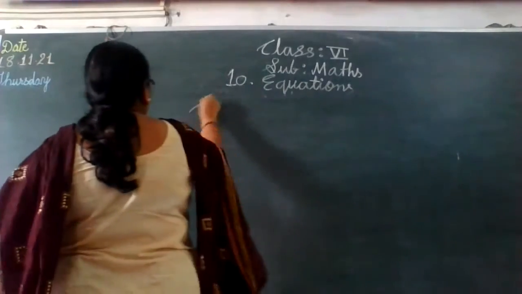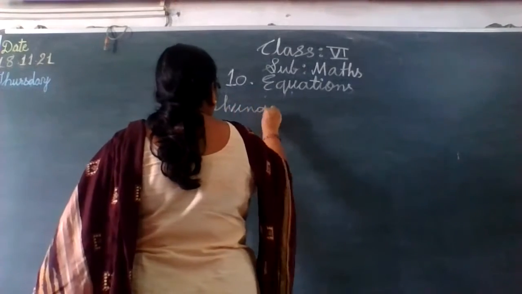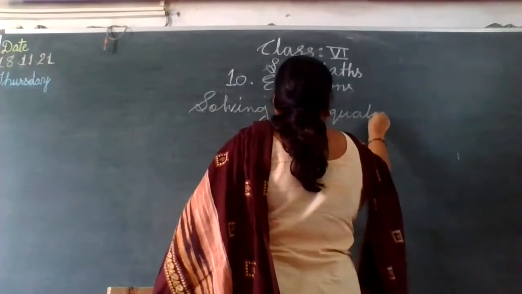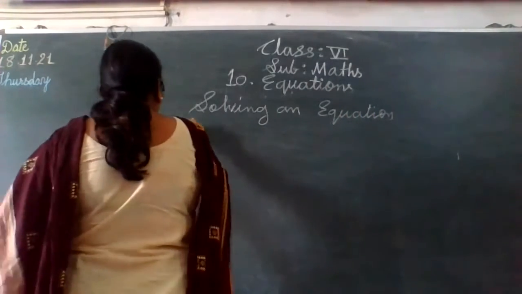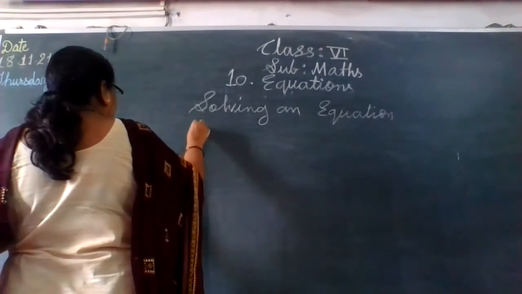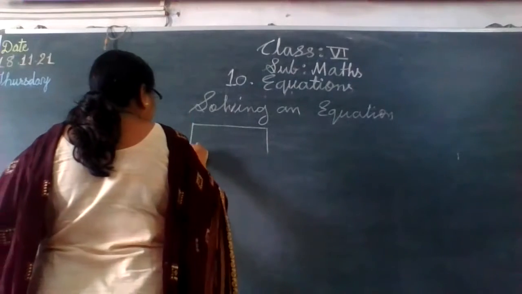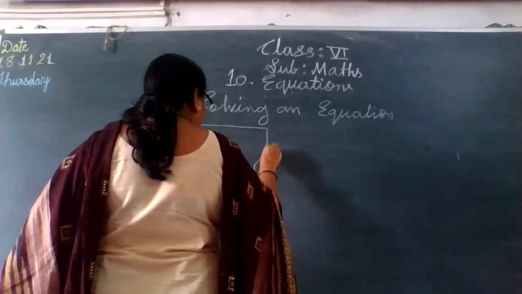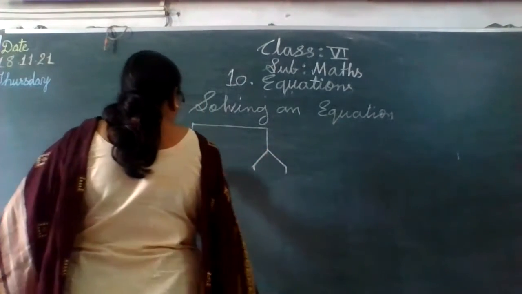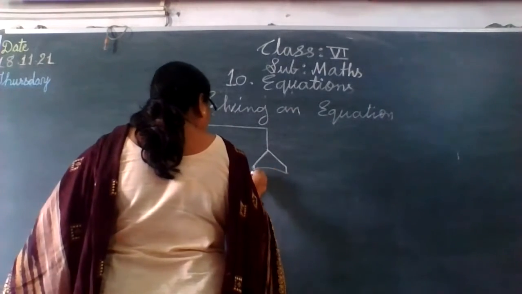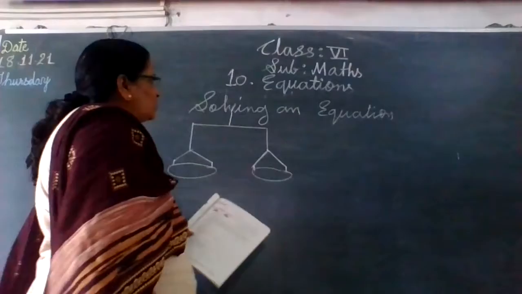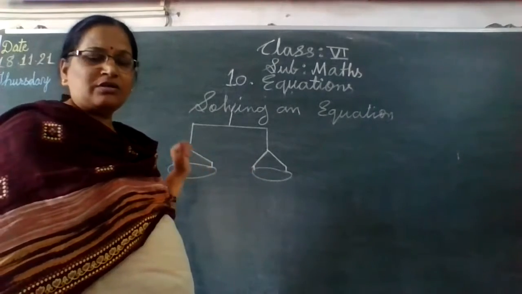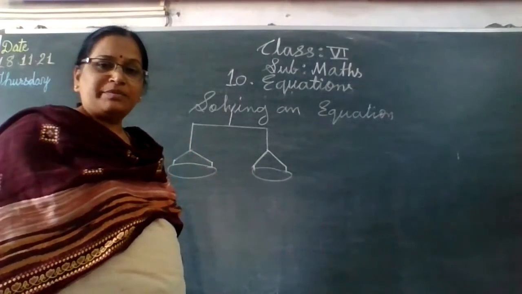Solving an equation. See children, the method of solving an equation is called balancing the equation, or sometimes it is said to be the systematic method of solving an equation.